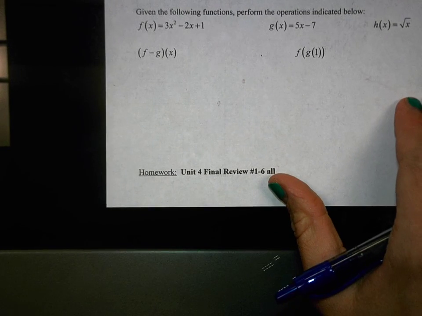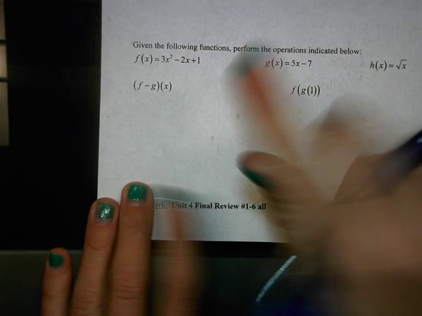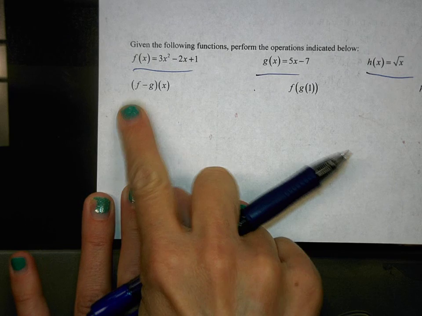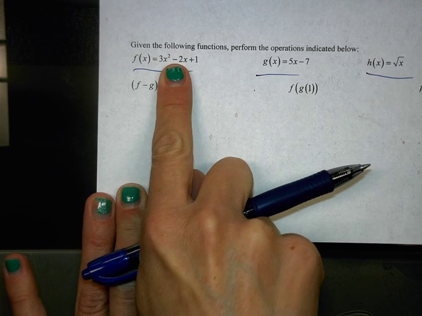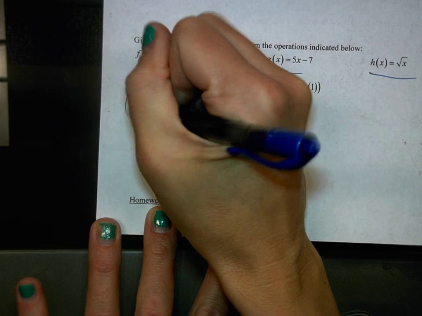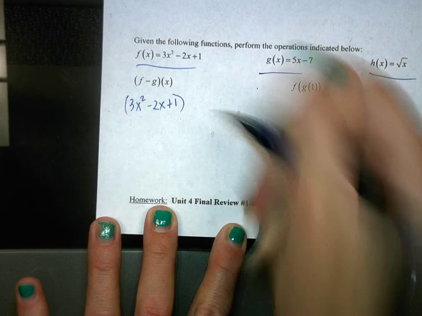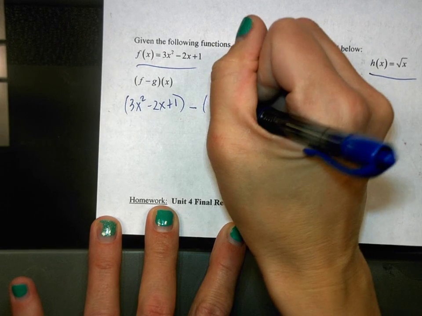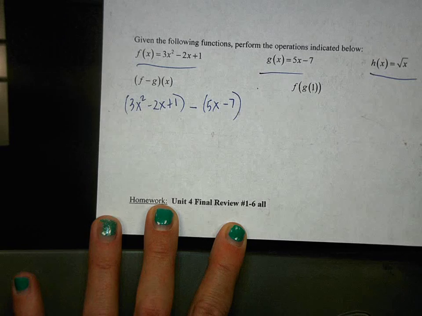Okay. Given the following functions, perform the operation. So they've told us here is f of x, here's g of x, here's h of x. Okay, f minus g of x. All that means is we take our f equation and we subtract our g equation. So writing this out, I have 3x squared minus 2x plus 1, that's my f equation, minus my g equation, 5x minus 7. The one thing people forget to do most often is what?